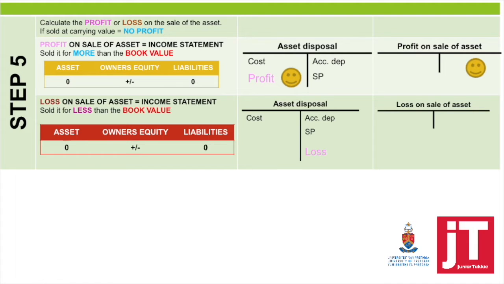If we sell it for less than the book value, it means we made a loss. Then your asset disposal is credited and loss on disposal of asset is debited. Again, your effect on your accounting equation, owner's equity plus minus.